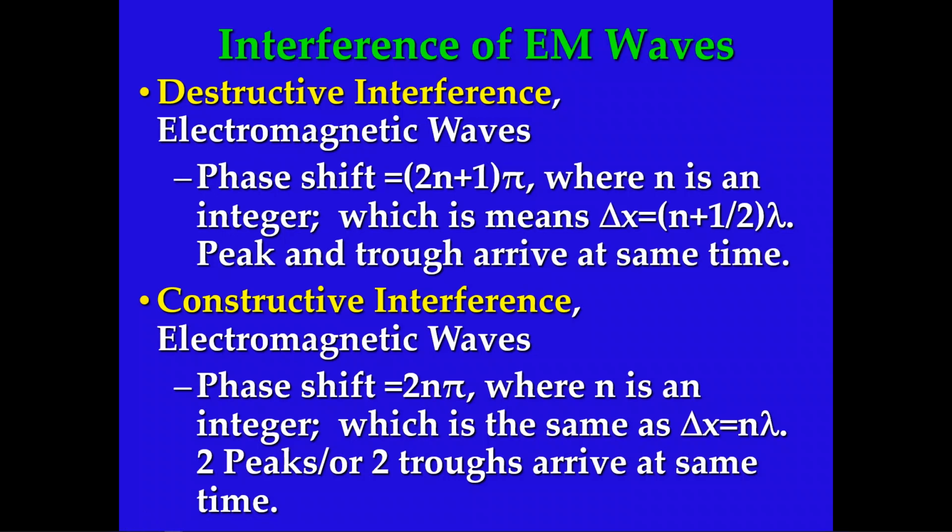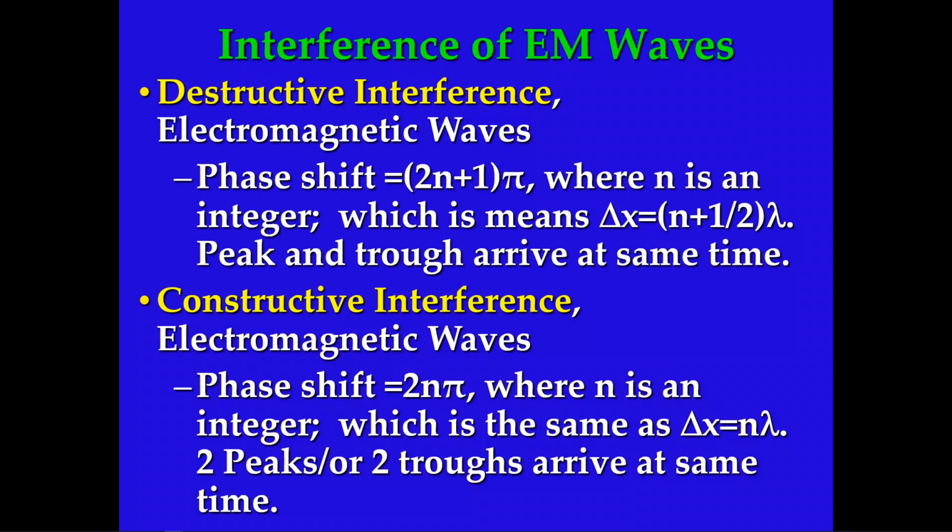Now, what are the conditions for destructive interference and constructive interference? Well, they're the same as really what we described before. The phase difference has to be some odd multiple of pi, where n is an integer.